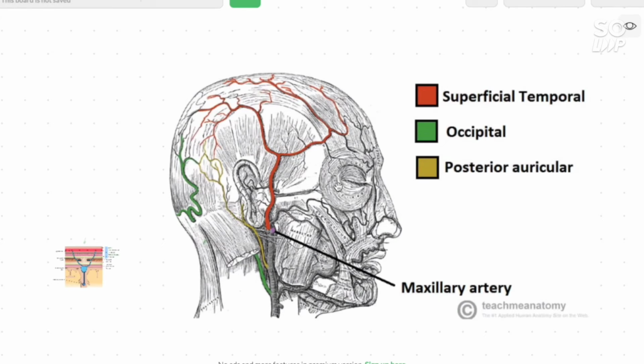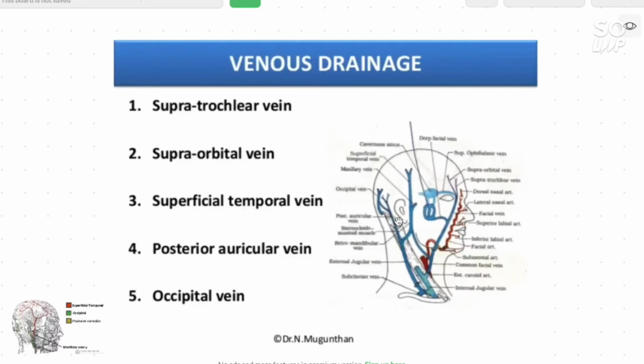Now let's move further and talk about the venous drainage. The venous drainage of the scalp can be divided into two parts, that is your superficial and your deep components. The superficial drainage follows the arteries above.